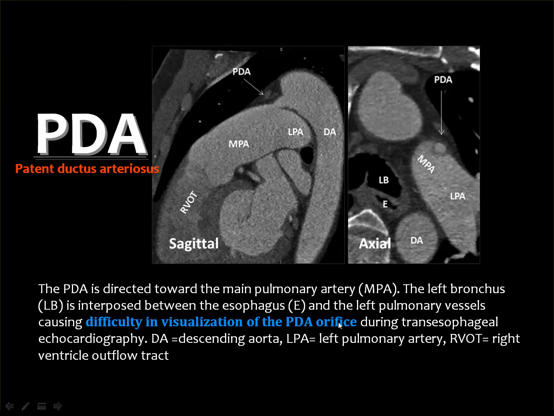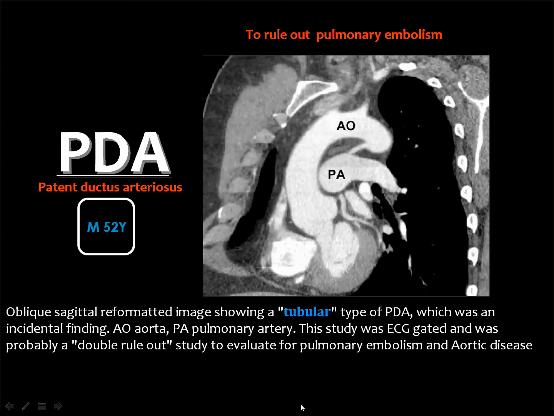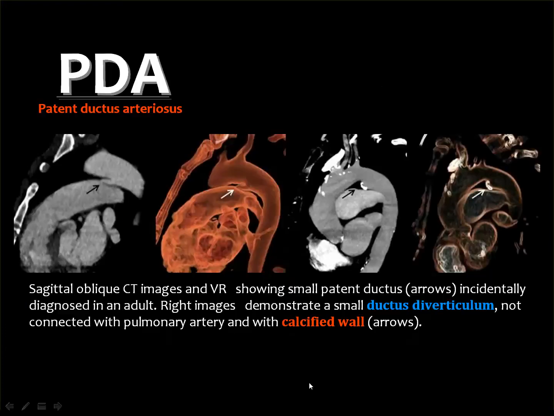And as mentioned here, the transesophageal echo failed to demonstrate this ductus because of the interposition of the left main bronchus between the esophagus and the side of the ductus. And this is a good oblique view for the patent ductus, showing the opacified channel connecting the aorta to the pulmonary artery.